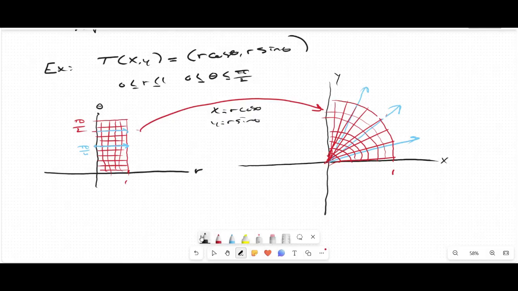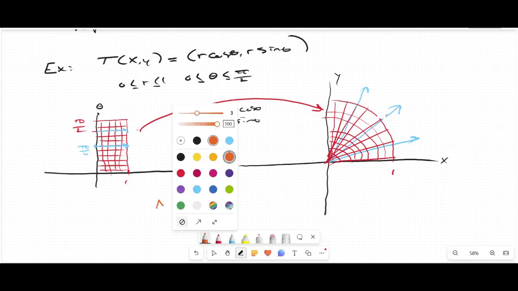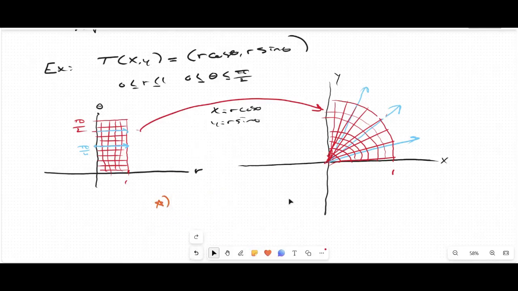Let me just ask you very quickly and ask yourself this question. Is T one-to-one? I don't want to write out a mathematical proof that it is, but I want you to observe that it is.